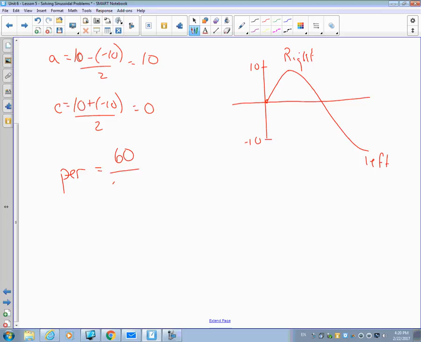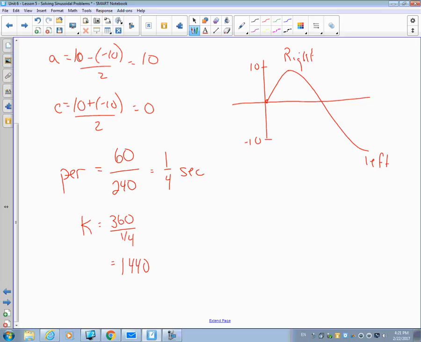If I divide that by how many times it swings back and forth, I can tell you that it takes a quarter of a second to do one cycle. Well, if I know that, I can get K. 360 over a quarter, or 360 by 0.25, comes out to what, 1440.